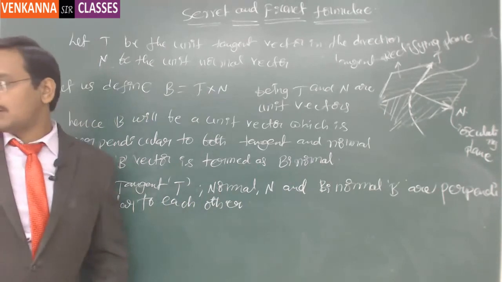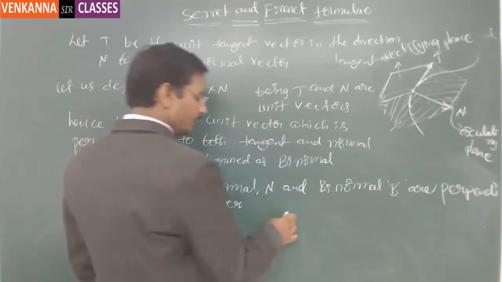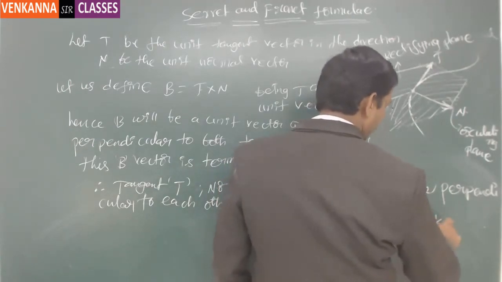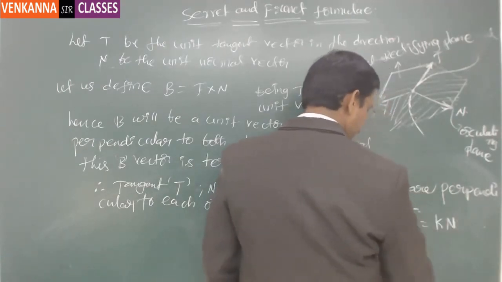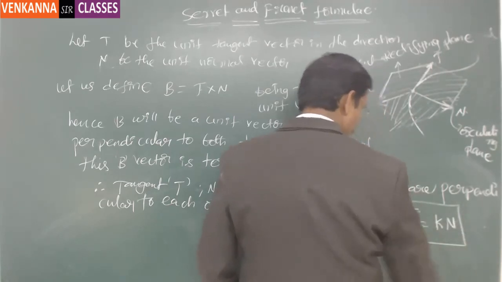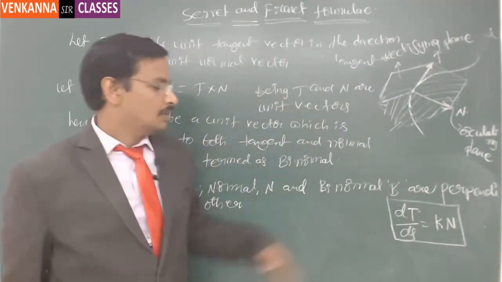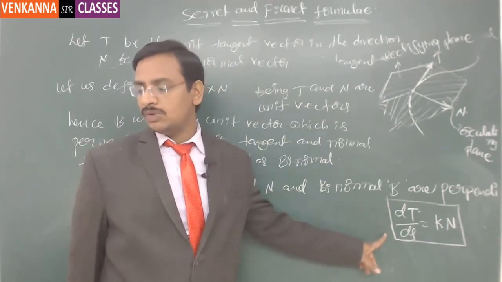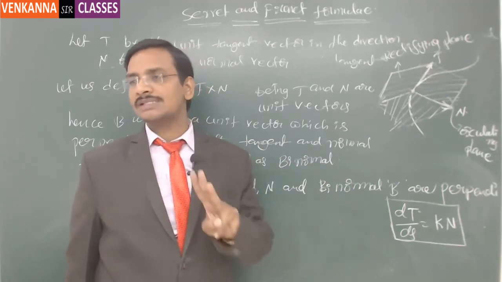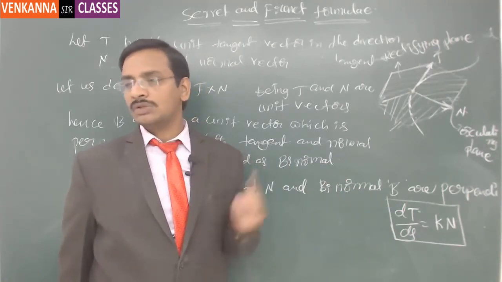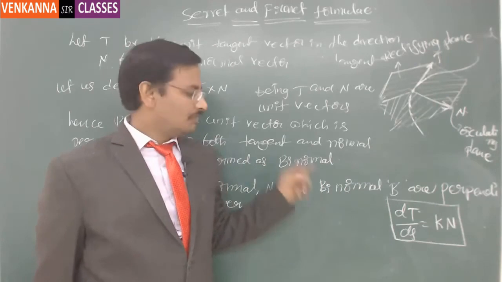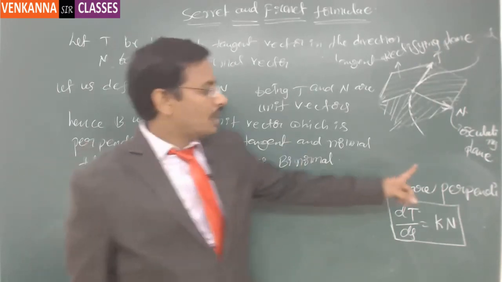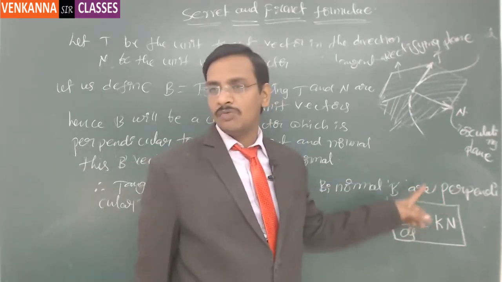So this is the fundamental understanding. And we have got one relation, dt by ds is k times n. This is one of the Serret and Frenet formulae. In total there are three formulas: dt by ds, dn by ds, and db by ds. All three together we call the Serret and Frenet formulae. These three values give the variation of the tangent, normal and binormal vectors when you have a minor displacement along the curve.